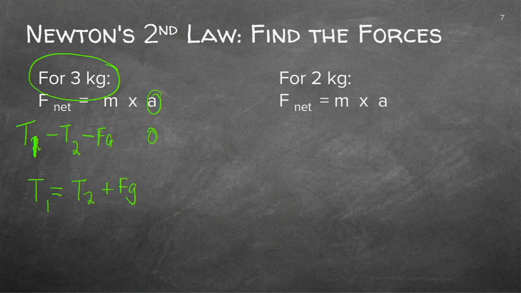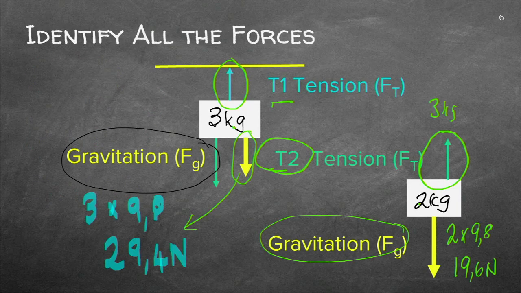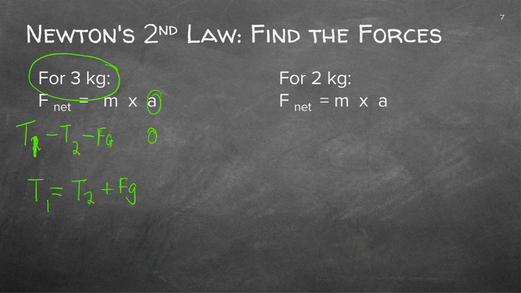Let me quickly show you on the diagram. We said we've got T1 there, and we've got the 2 forces downward, and have a look. T1 there, upward, equals the 2 forces downward. Because it's hanging still, there's no acceleration.